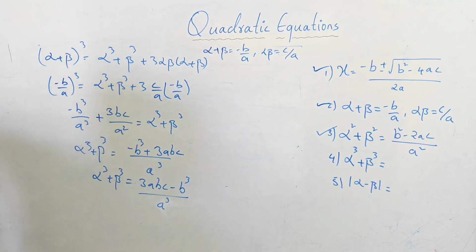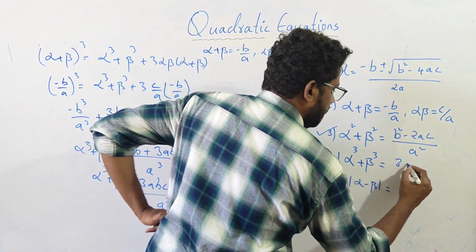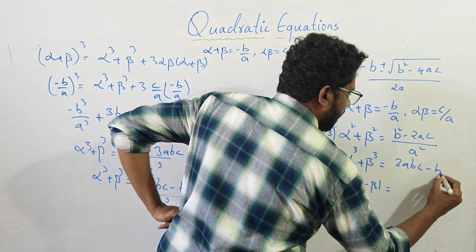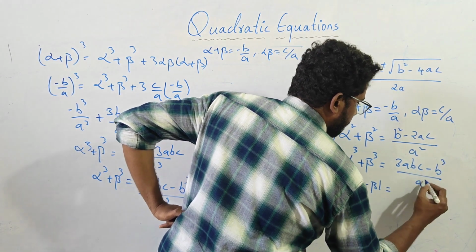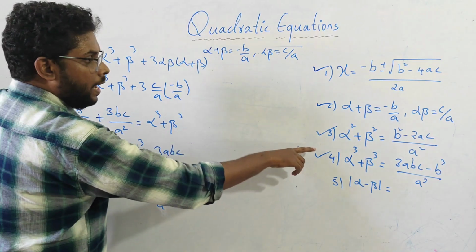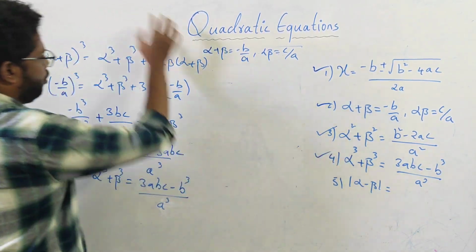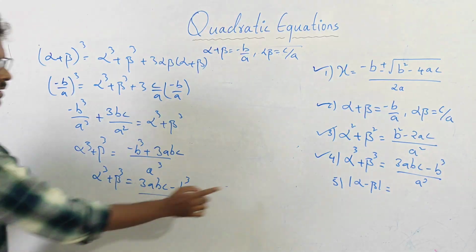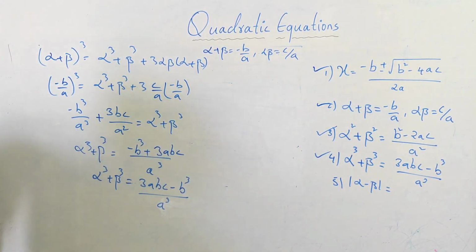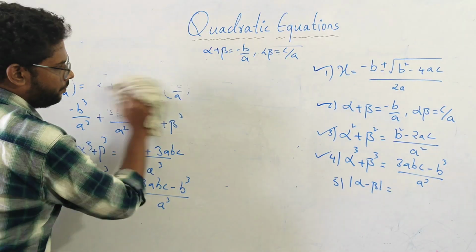This is also very important. So you have to remember this formula while solving problems. When you come across alpha cube plus beta cube, no need to derive this equation. Just remember 3abc minus b cube by a cube. The last one is there. Let us see that one also.